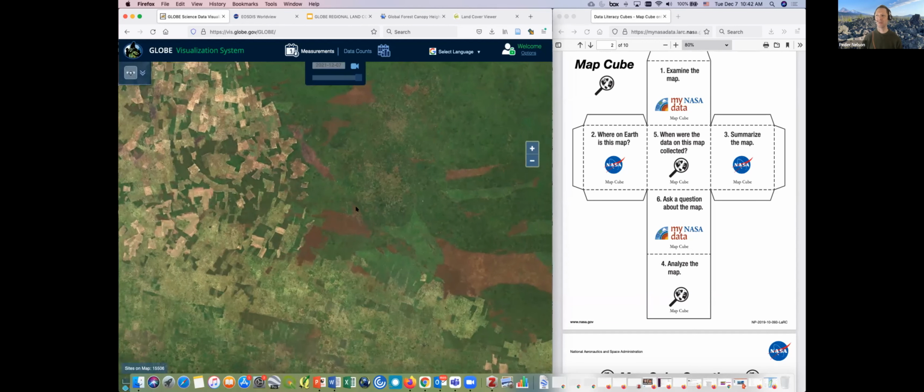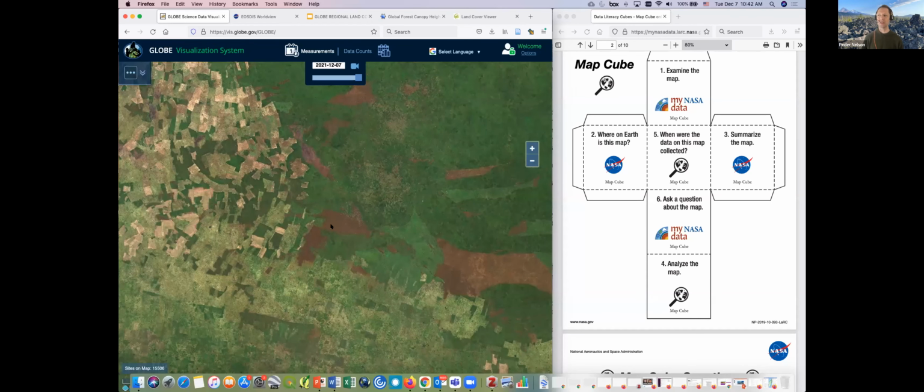The other thing I want to highlight is that a lot of times you might see this reddish color. Sometimes that can actually be from the soil. But in other cases, what is happening is that after trees are cut down, in order to prepare the soil for planting new trees, you'll burn the area.